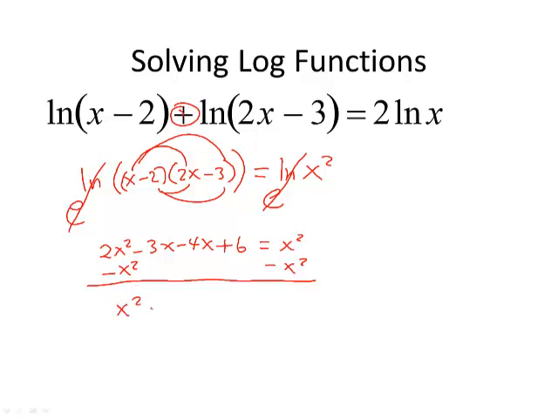So x squared minus 7x plus 6 is equal to 0. And that's luckily factorable. No quadratic formula this time. Okay, so this will be x minus 6, x minus 1. So x is equal to 1 and 6.